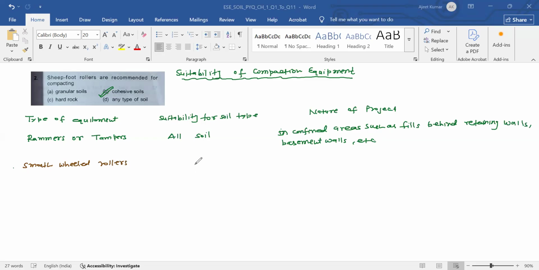And suitability for soil type is crushed rock, gravel and sands. And type of project, that is road construction, etc.